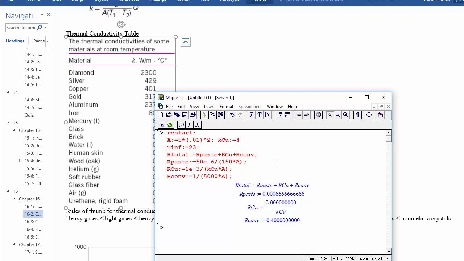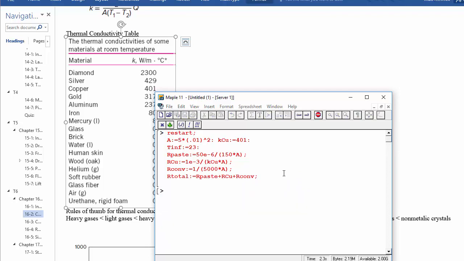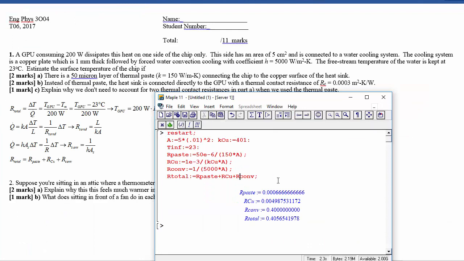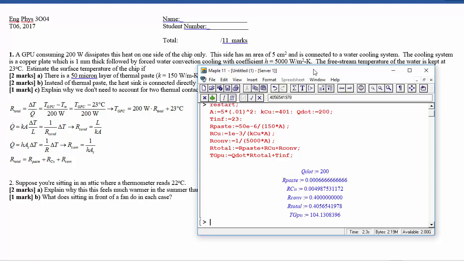Now we can evaluate the total resistance, and we get 0.4, which tells you that the final temperature, T GPU, will be equal to Q dot times R total plus T infinity. Substituting in Q dot is 200, we get a GPU temperature of 104 in this setup.